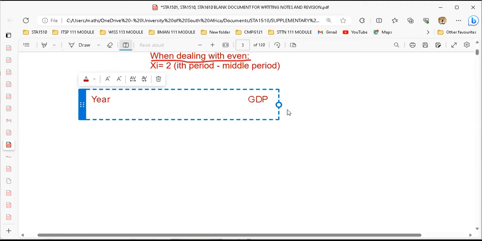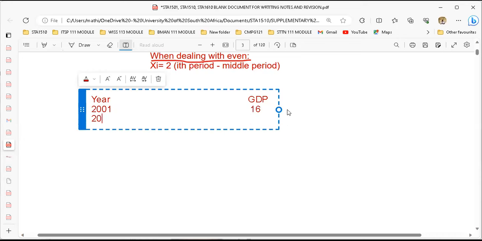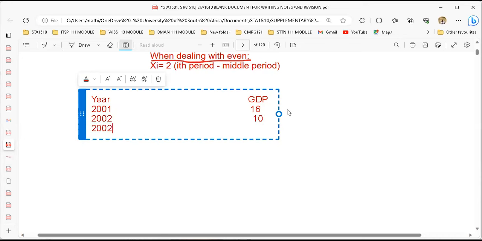Under the year, let's say now we have 2001. And then under GDP, let's say 16. And then we have 2002, and this side we have 10. And then we have 2003, and in this case maybe 30.